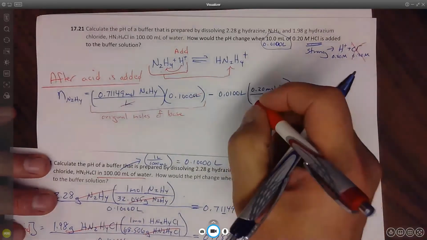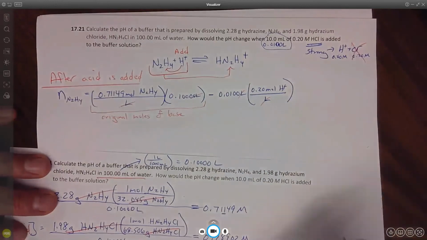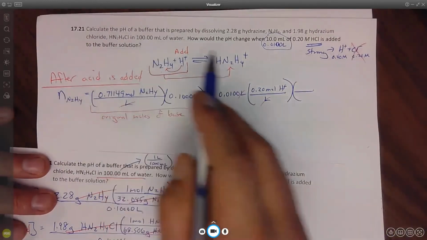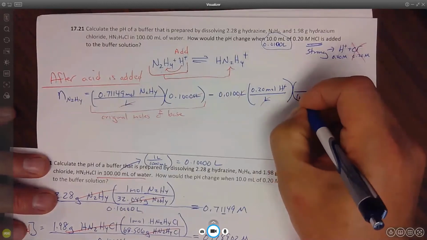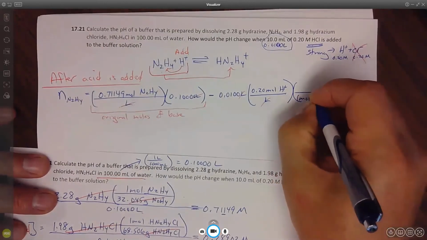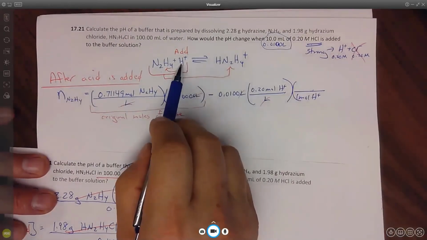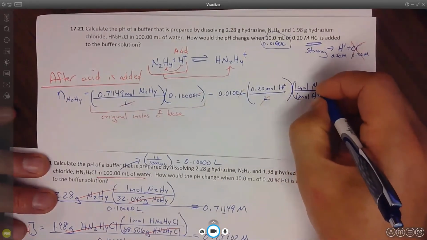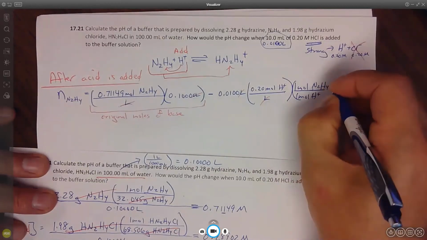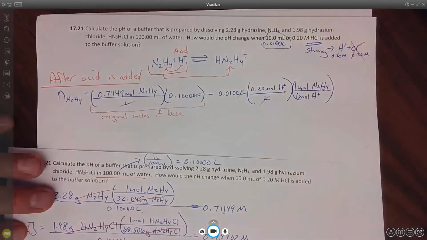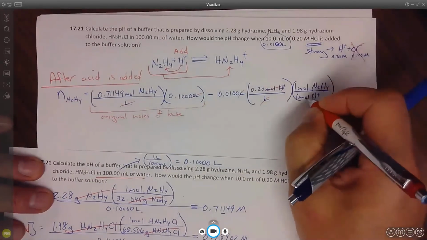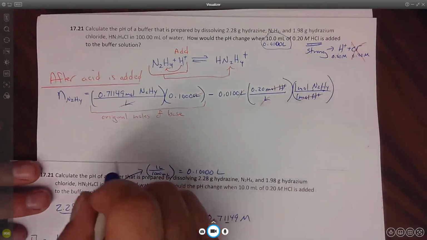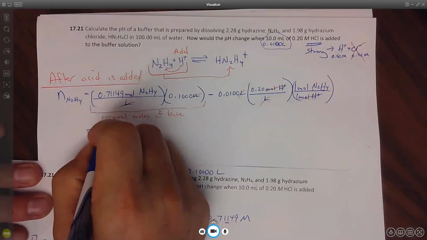Our liters cancel. And again, I can see from this equation, it's a 1-to-1 ratio. So for every mole of H plus, it's going to react with 1 mole of our base to form that many moles of acid, right? So what's left then is this difference.